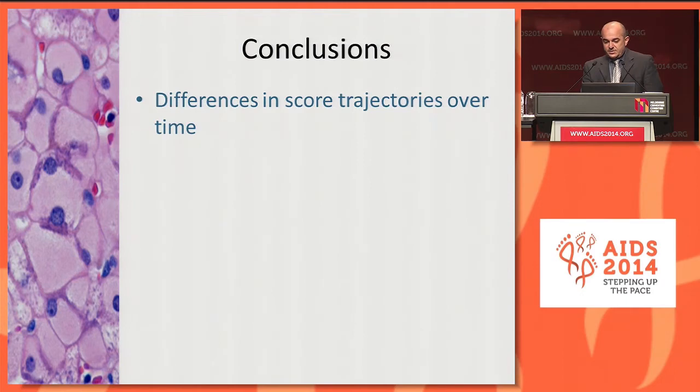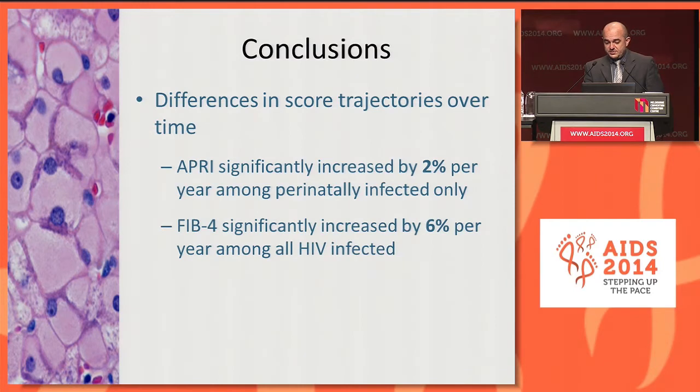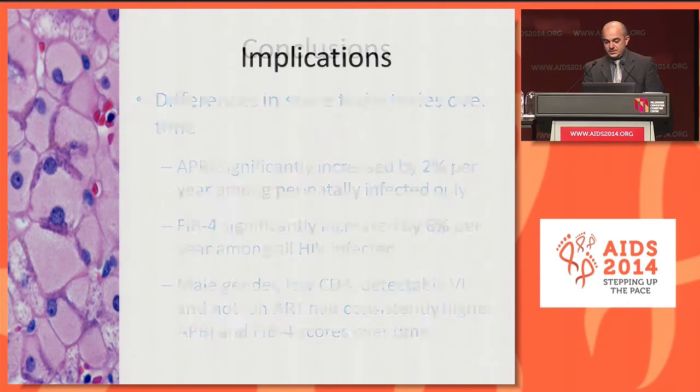Finally, regarding score trajectories over time, APRI significantly increased by 2% per year among perinatally infected youth only, whereas FIB-4 significantly increased by 6% per year among all HIV-infected youth. And male gender, low CD4 count, detectable viral load, and not being on ART had consistently higher scores, both APRI and FIB-4, over time.